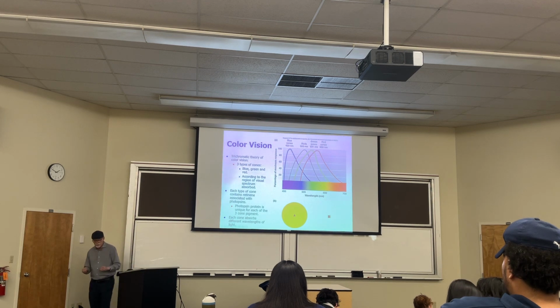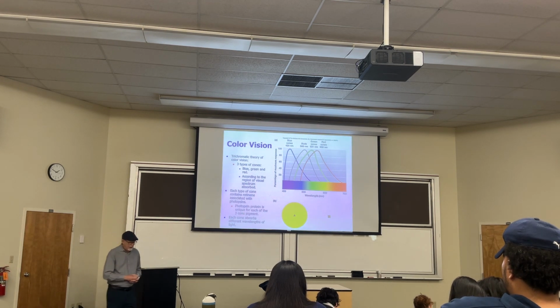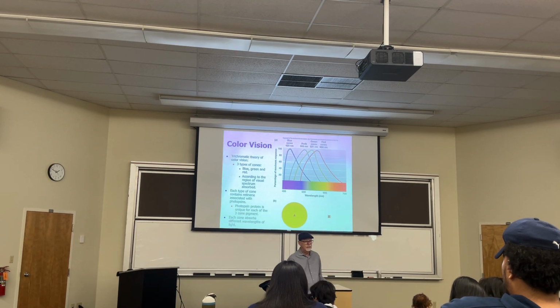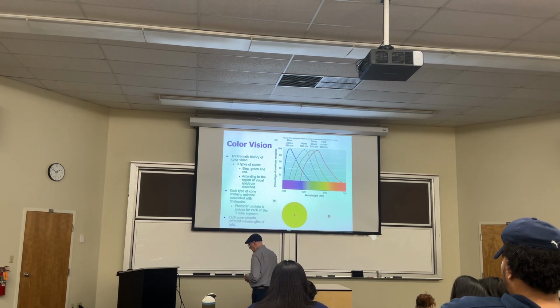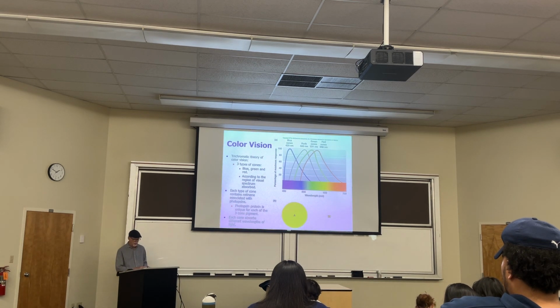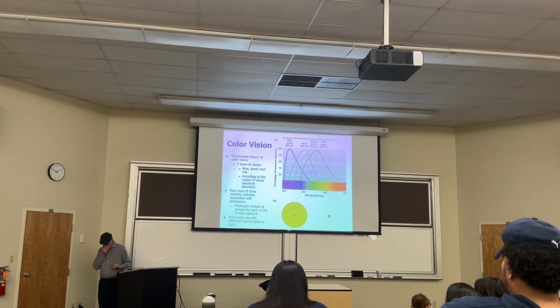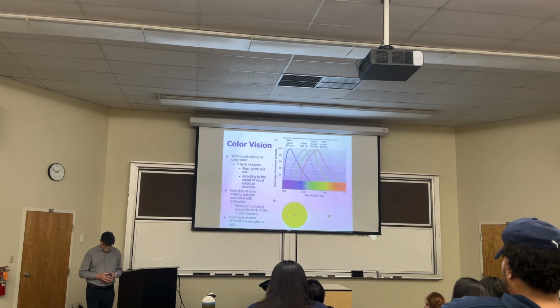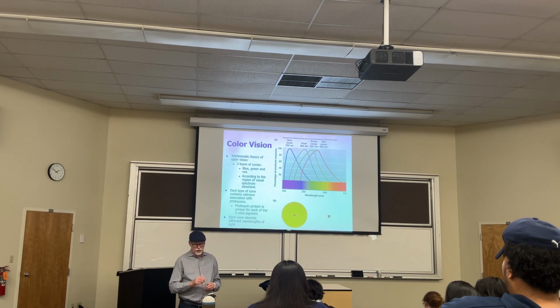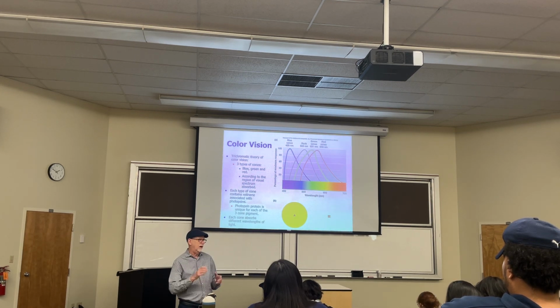Because these opsins are proteins, if we have a mutation coding for any of them, then we will have a misshapen opsin and less effective absorption, and we can have color deficiency. Hardly anybody is actually totally colorblind, but you can have a color deficiency. The most common of these opsins, the red and the green, have their genes on the X chromosome.